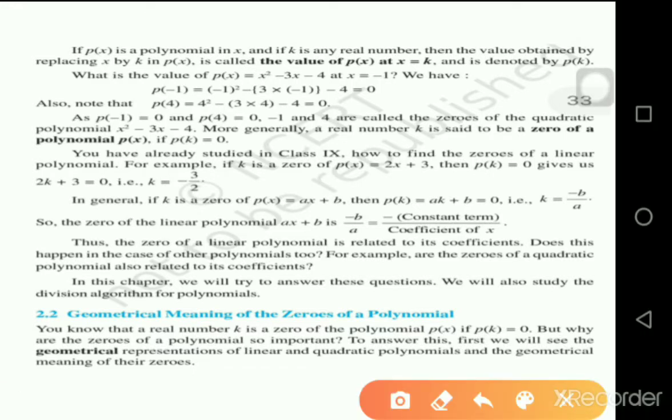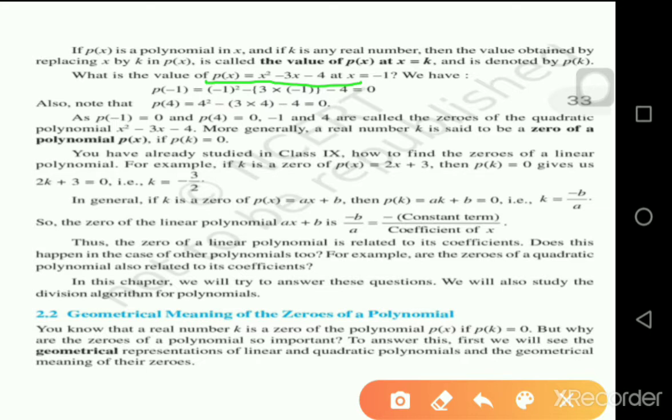Now, if we look at this polynomial x square minus 3x minus 4. If we put some value of the variable, then for different values of the variable, we may have different values of the polynomial.